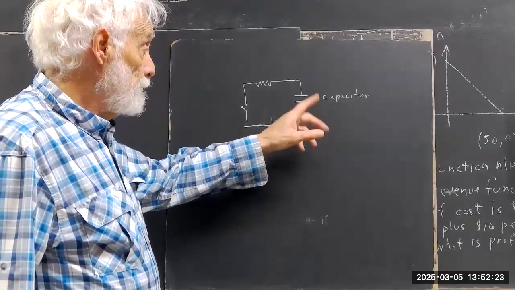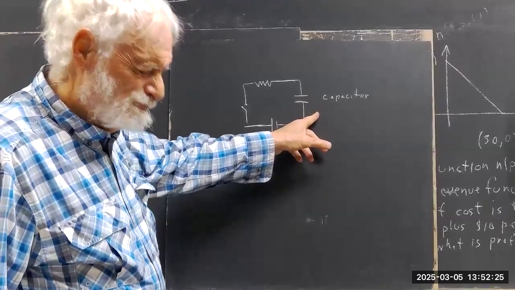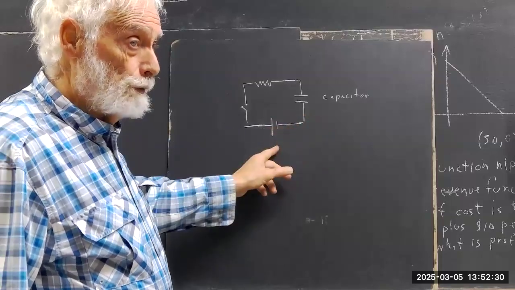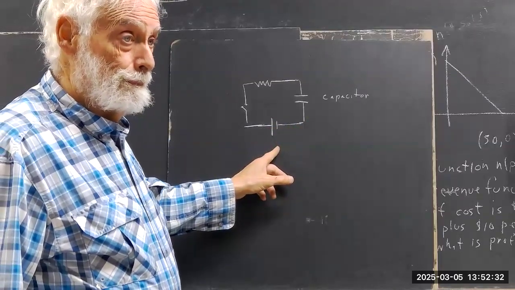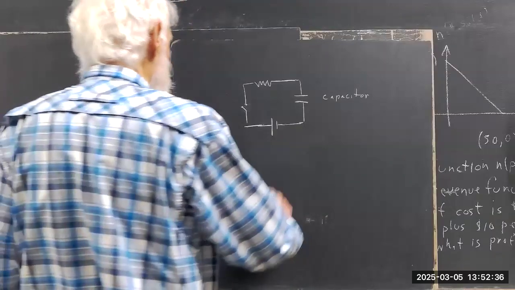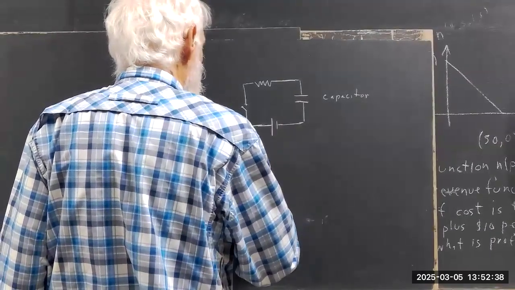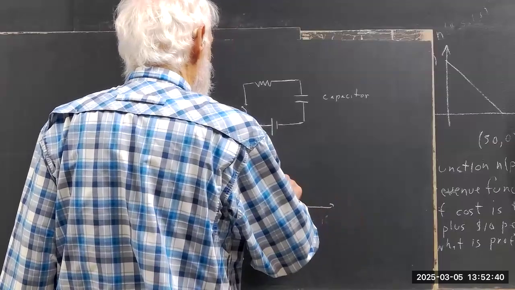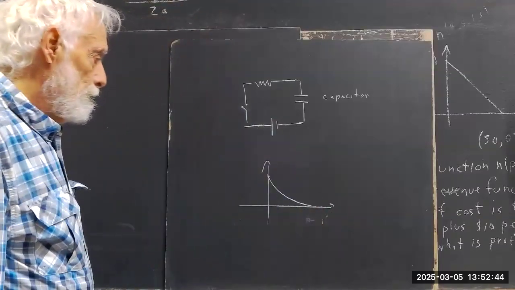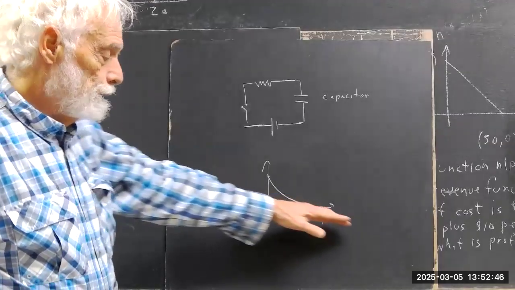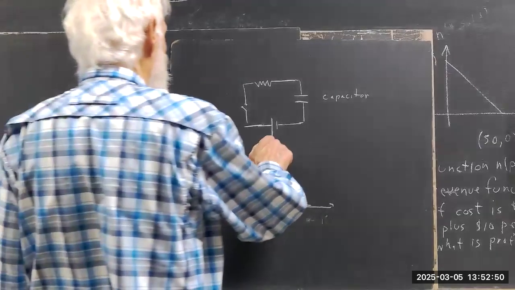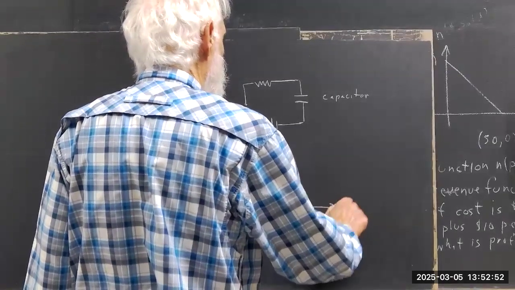So the longer this runs, the more current you have, the more charge you have in the capacitor, the more voltage you have opposing the voltage of the source. So the current tends to do this. It exponentially approaches zero. Okay? There's your current. Here's time.